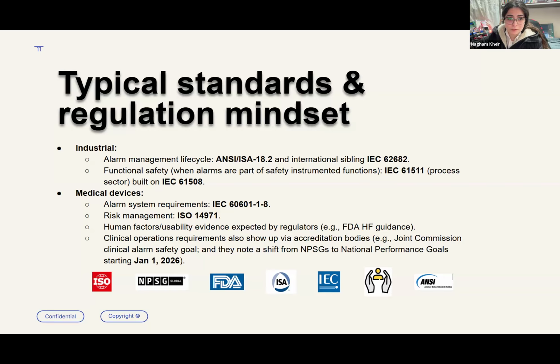Now, shifting to medical devices. IEC 60601-1-8 defines the requirements for alarm systems in medical electrical equipment and medical electrical systems. What this standard gives you are requirements and tests for alarm behavior, including alarm priorities and categories, which Megan mentioned in the previous slides. I think it was like the second or third slide when she was talking about priorities, classes, and types.